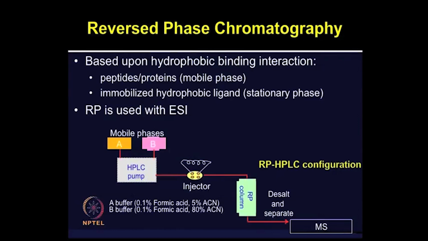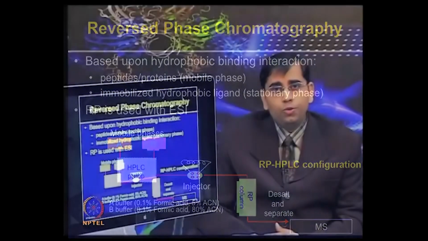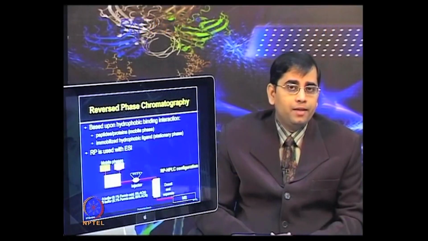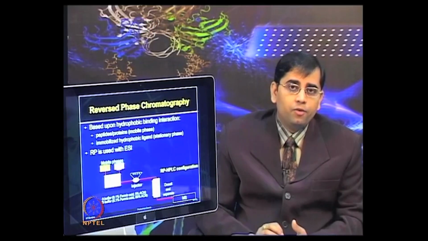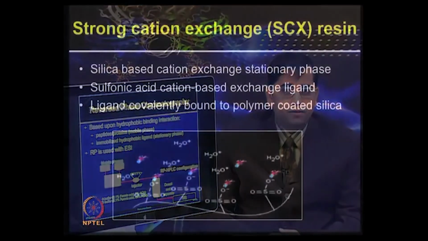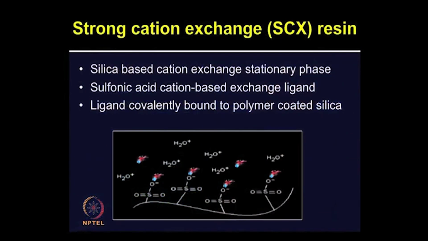Reverse phase chromatography is mostly used with electrospray ionization in mass spec due to the compatibility of its acidic aqueous and polar mobile phase with ESI. It is also used for desalting the peptides before injecting for electrospray ionization. Let us now talk about strong cation exchange, or SCX, chromatography.